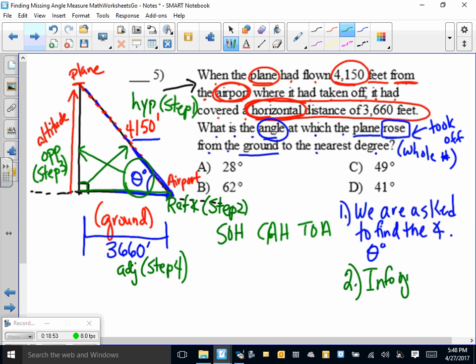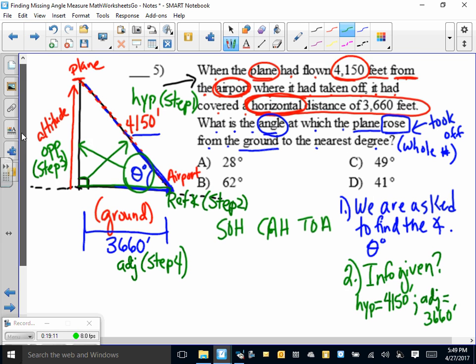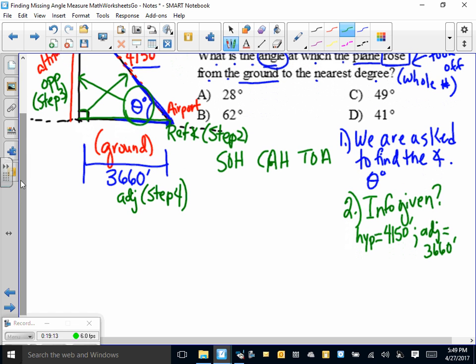So we go back to what we are given. We know that the hypotenuse is 4,150 feet. We also know that the adjacent side is 3,660 feet. So that's the two parts I'm going to use: A and H. OH, wrong.